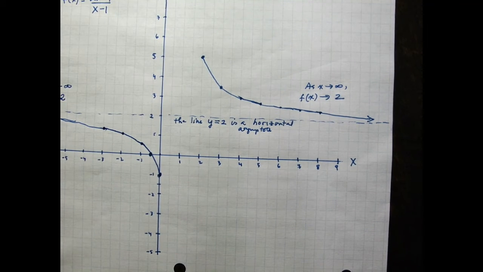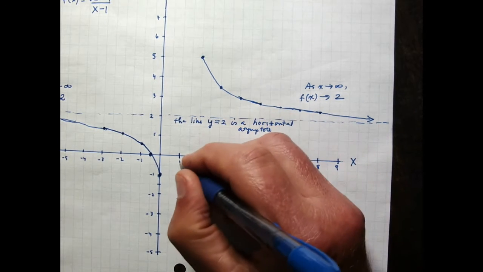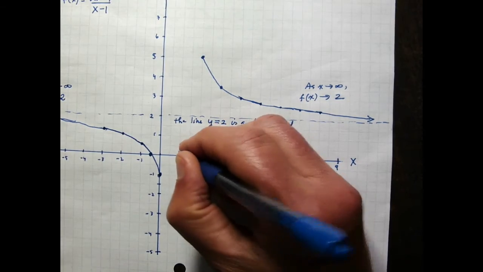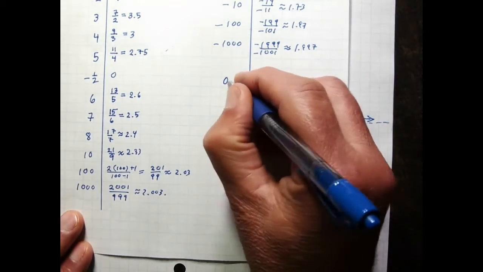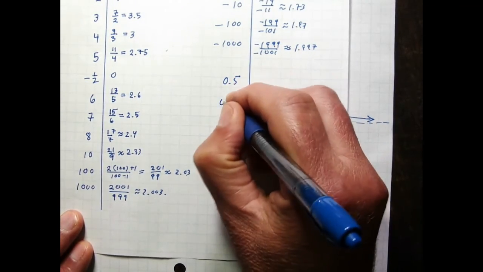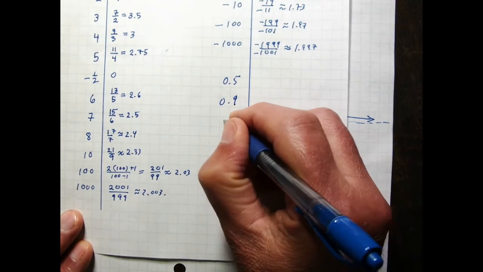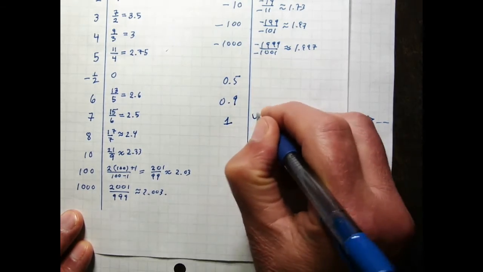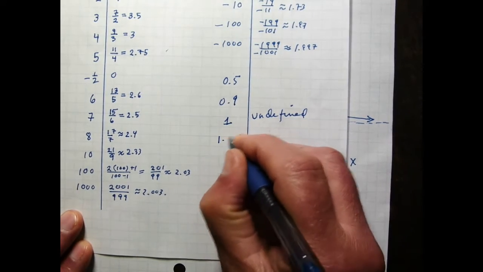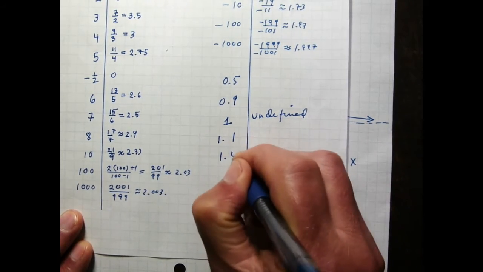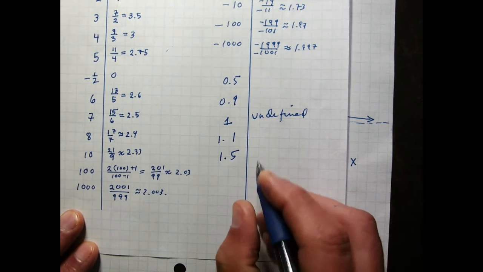Now we've got to look closer in the middle, around this undefined value of x right here, where x is equal to 1. So I'm going to look at just x equals 0.5, 0.9, 1. We already know the function's undefined. And then at 1.1 and 1.5, and plug in these values.